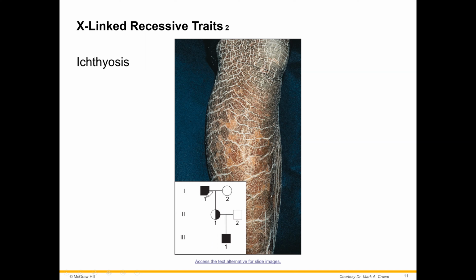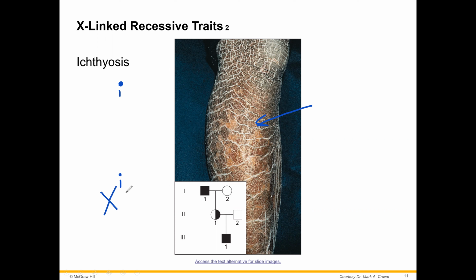So let's see. If this is a recessive trait, let's represent it with a little i. So that's our ichthyosis, what causes the skin to look like that. Now the father was affected, and it's located on the X chromosome.